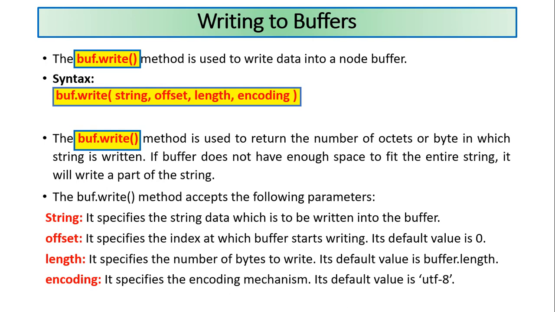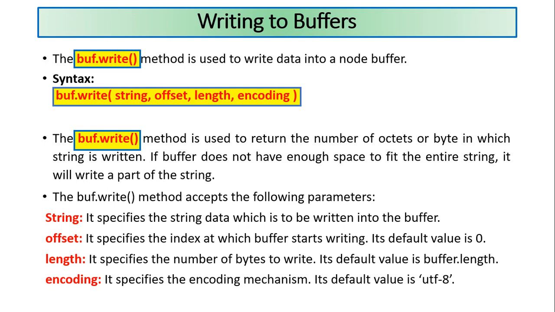The first parameter is a string, the second is offset, the third is length, and the last one is encoding. This method returns the number of octets, meaning bytes, in which the string is written. If the buffer does not have enough space to fit the entire string, it will write a part of the string.